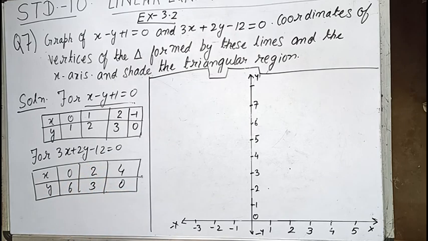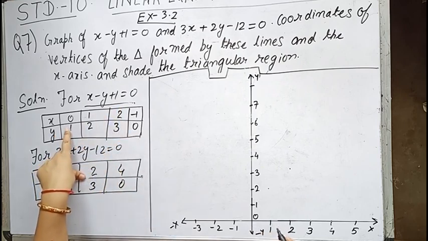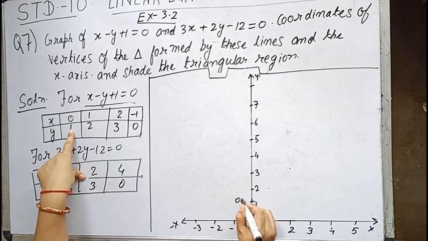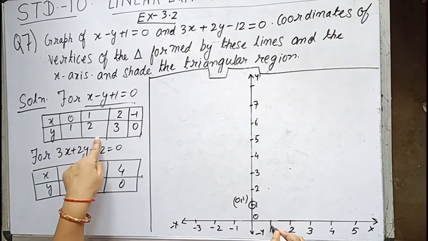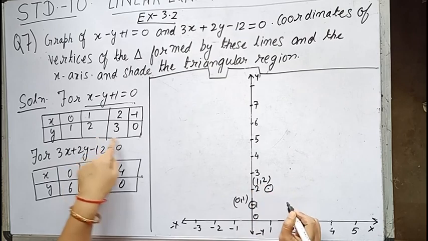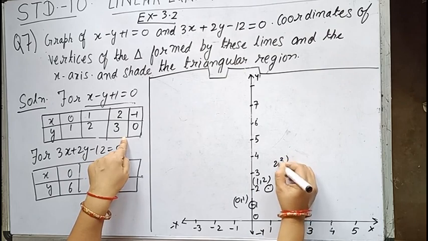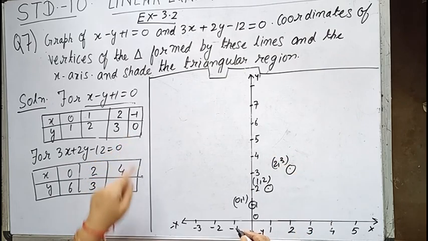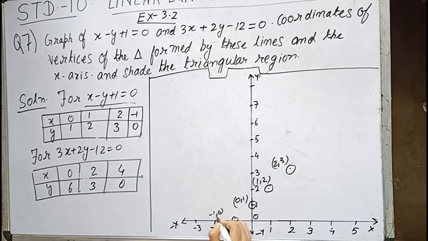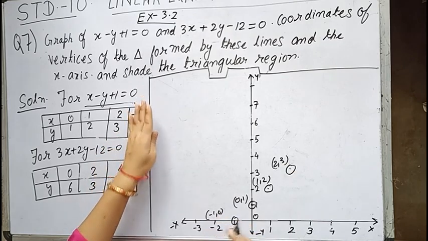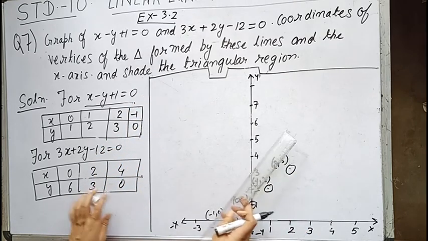Now let us plot for x minus y plus 1: 0, 1 here, then 1, 2, then 2, 3. Minus 1, 0 also was a point, so I have taken minus 1, 0 over here. If not, then also we can get the line.